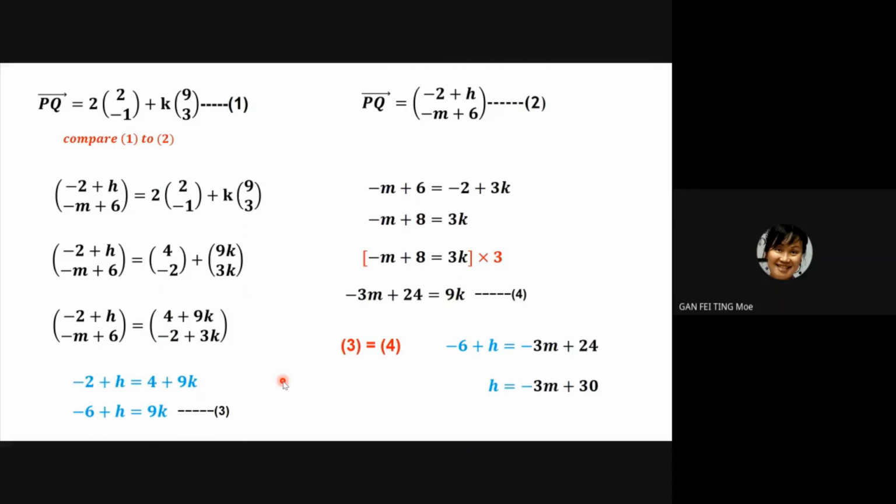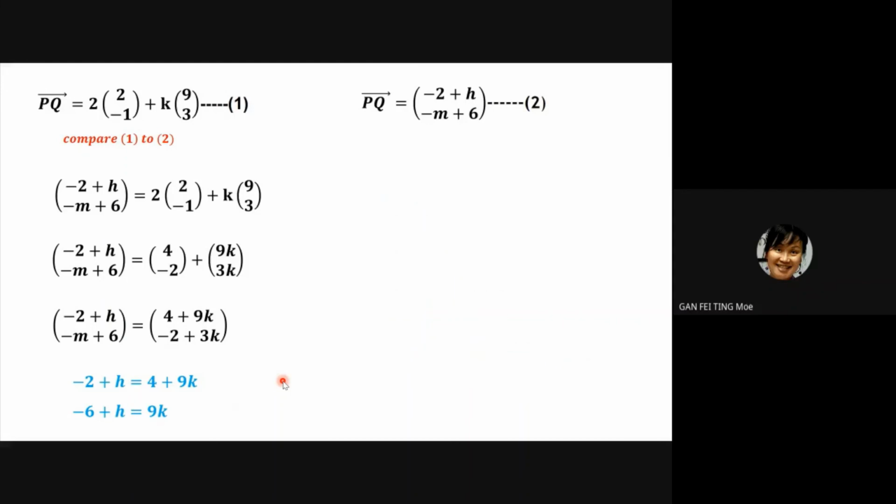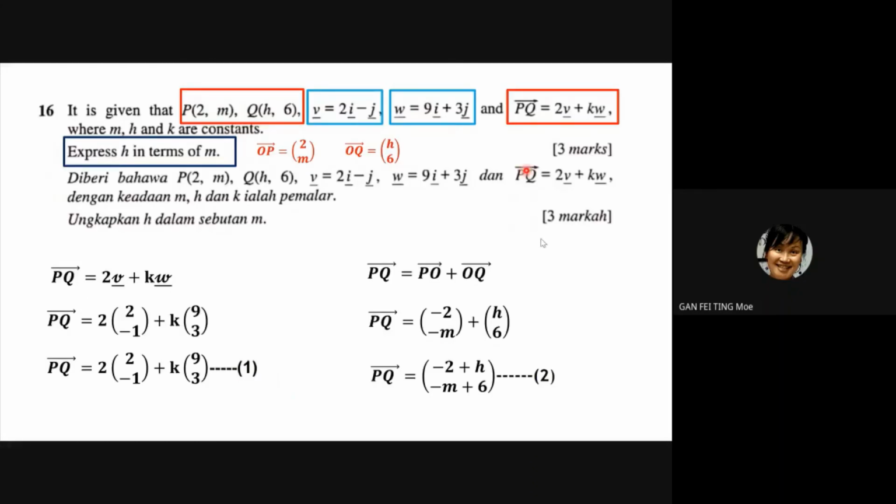Have you done this question? 3 markah. See, anak, the working is a lot. Do you see the working is a lot? 3 marks means that you are allowed to use 4.5 minutes. Okay, 4.5 minutes. So it's quite long. Now, by referring to the question asked in the marks here, 3 marks.